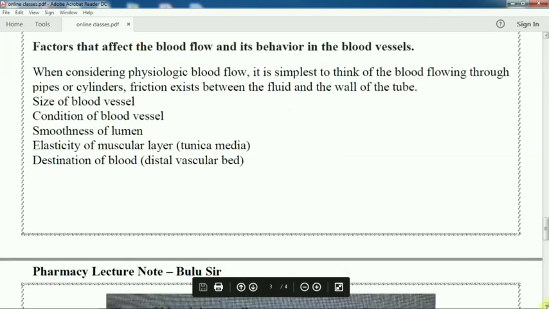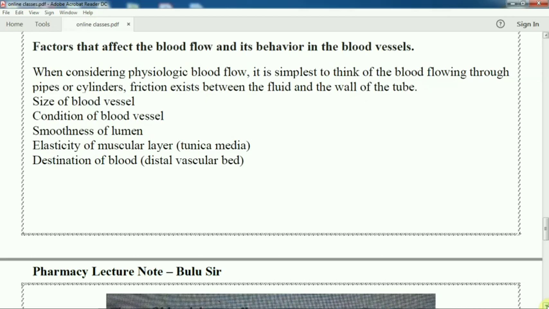So, what are the factors affecting hemodynamics? When considering the physiology of blood flow, it is simplest to think of blood flowing through a pipe or cylinder, with friction between the fluid and the wall of the tube.